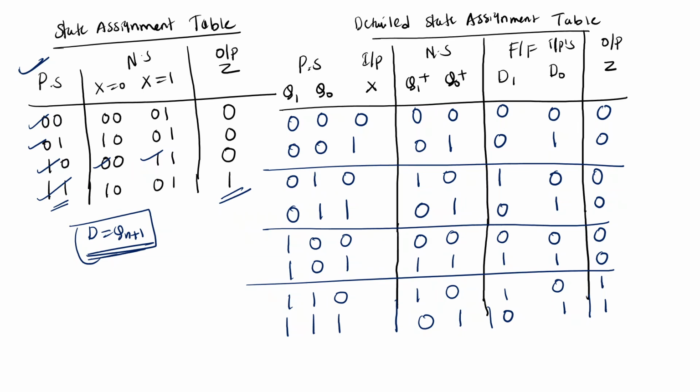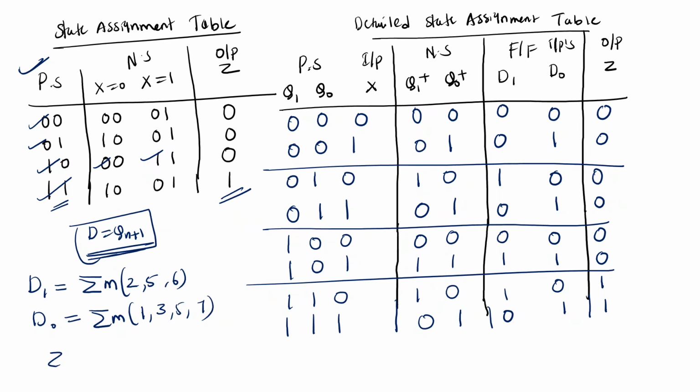Next, D1 equal to summation of M of 2, 5, 6. D naught equal to summation of M of 1, 3, 5, 7.